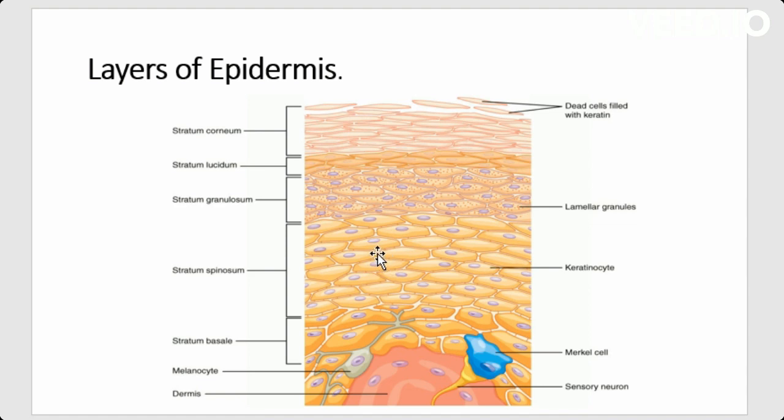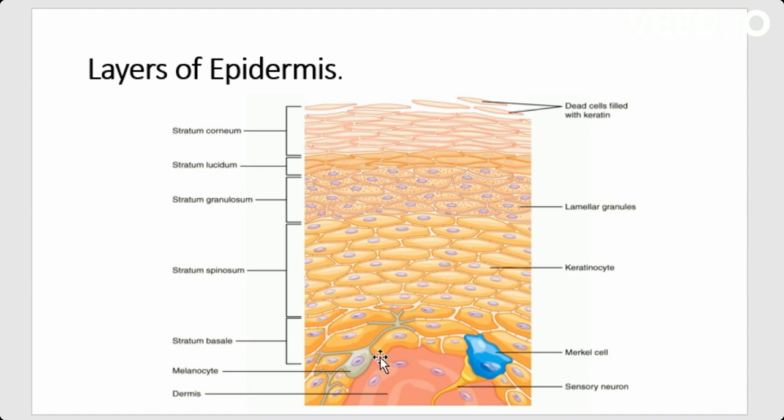So melanin is the pigment which is used to protect your skin from UV radiation. Other cells include macrophages, which act as the antigen presenting cell in immune response. And lastly, those are the keratinocytes.